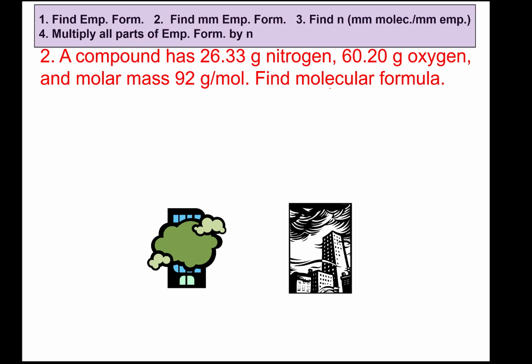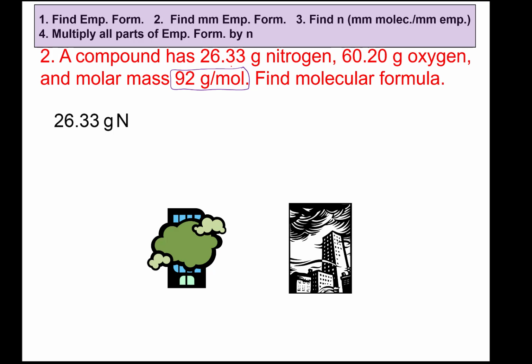Example 2, we have a compound that has 26.33 grams of nitrogen, 60.2 grams of oxygen, and the molar mass is 92 grams per mole. That is the molar mass of the molecular formula. So let's find the empirical formula, then the molar mass of the empirical formula so we can find N and then our molecular formula.